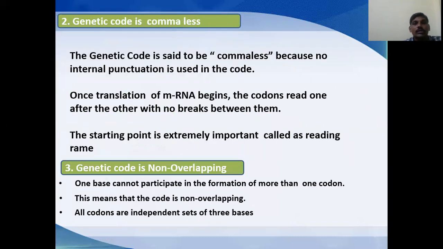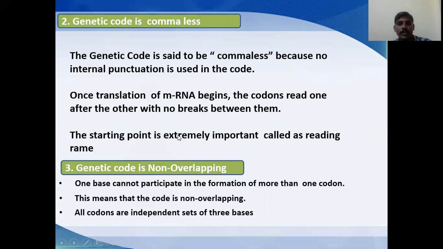So the genetic code is commaless. This is the second property of the genetic code. The genetic code is said to be commaless because no internal punctuation is used in the code. Once translation of mRNA begins, the codons are read one after the other with no breaks between them. The starting point is extremely important, called the reading frame, that is the 5' end of the mRNA molecule.